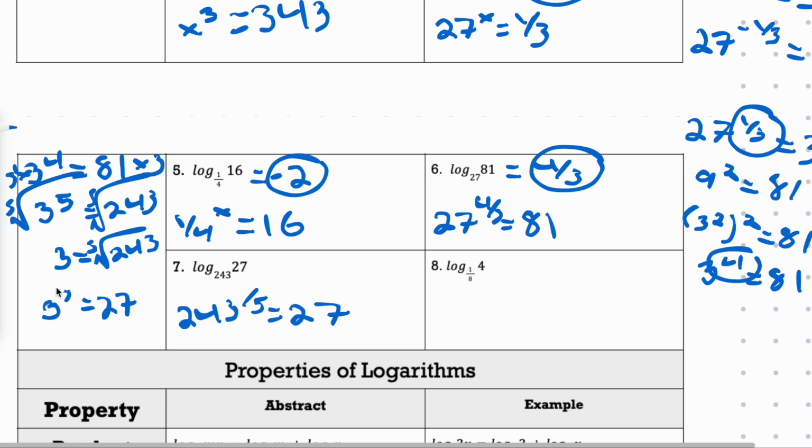And this 3, since we're raising it to that power, is going to go in the numerator. So it's going to be 3 over 5, meaning this logarithm is equal to 3/5.